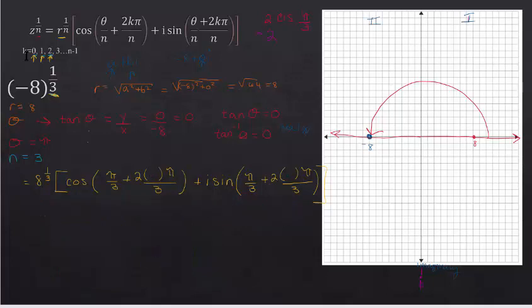All right, and so our last root here, we're going to do it for 2. So I'll plug in 2 for our k's. So the cube root of 8 is 2. Cosine of pi over 3 plus 4 pi over 3, plus i sine of pi over 3 plus 4 pi over 3.